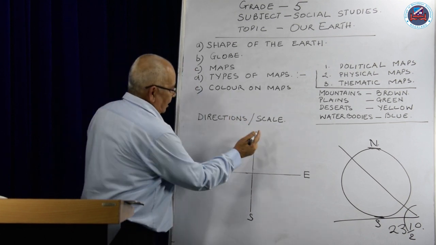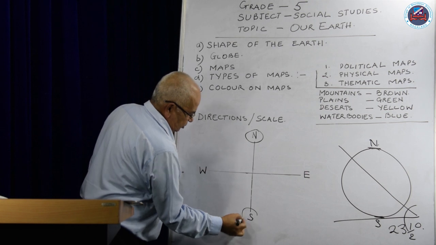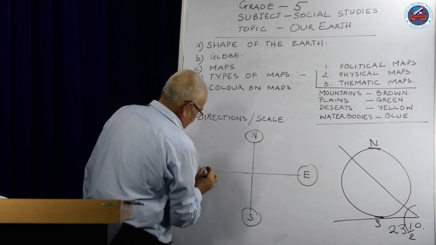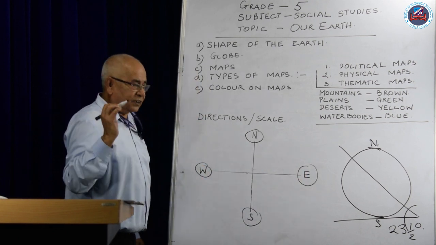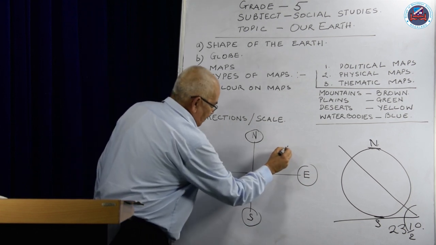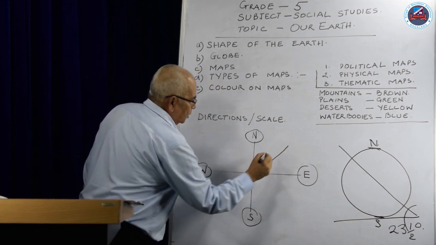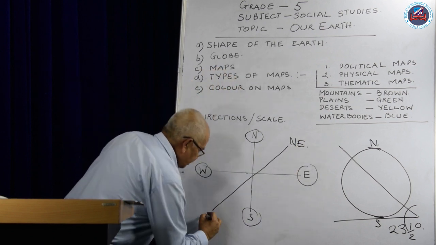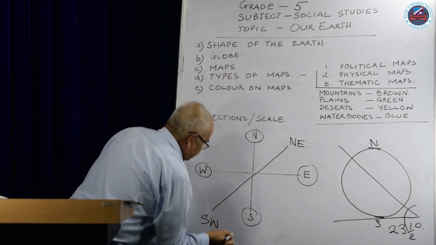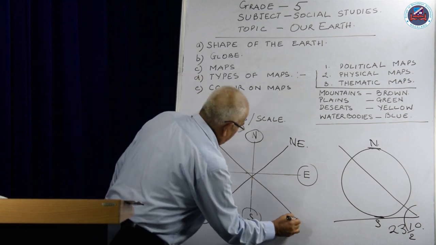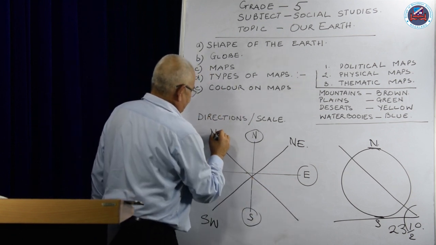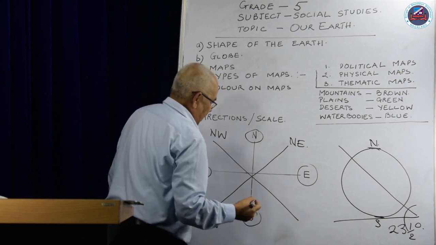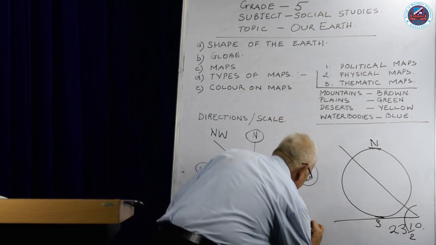Now, cardinal directions are north, south, east, and west. Now we also have sub-directions. For example, northeast, southwest, northwest, and southeast.